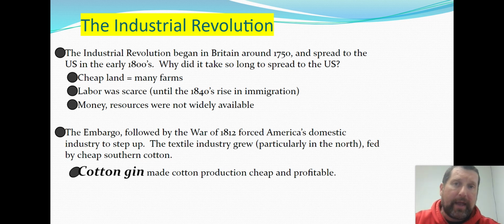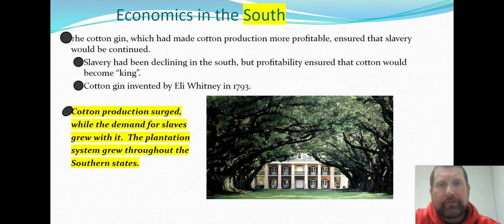You would think now that we have an automated process that might not be the case, but that automated process is largely offset, of course, by the exponential increase in demand as the textile industry advances. So the Southern economy, again, becomes more and more slavery dependent.